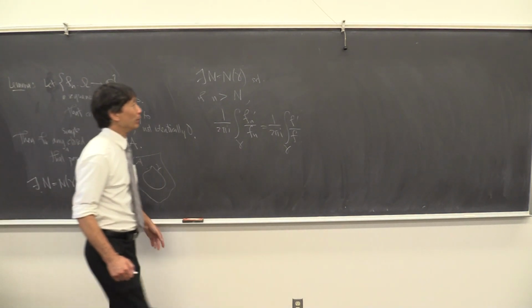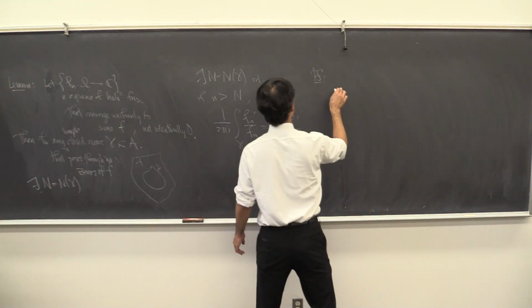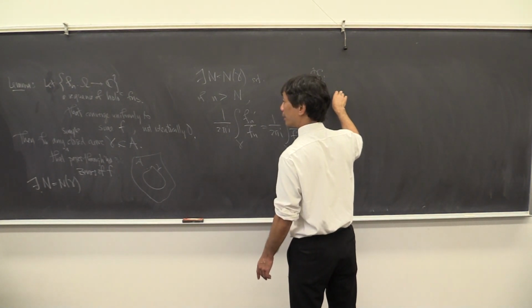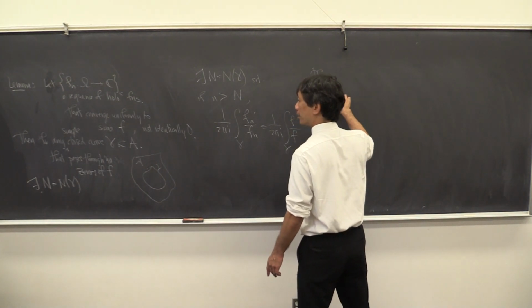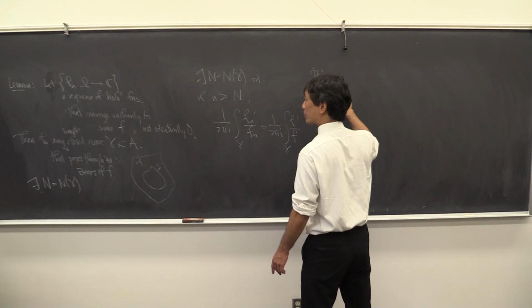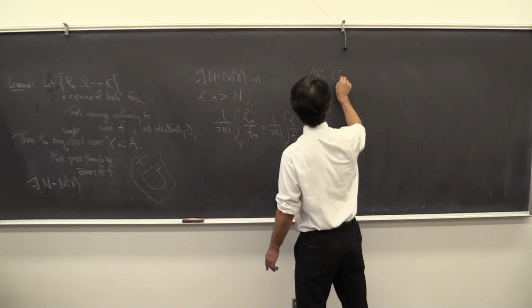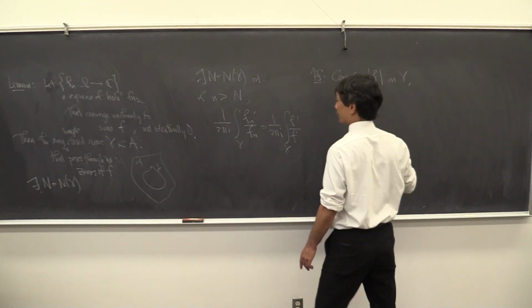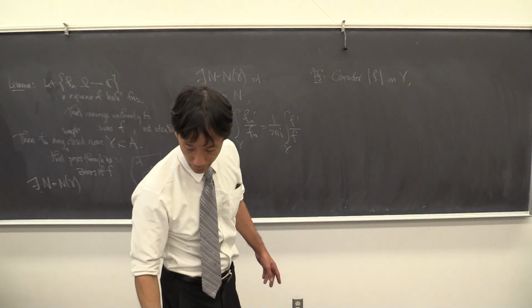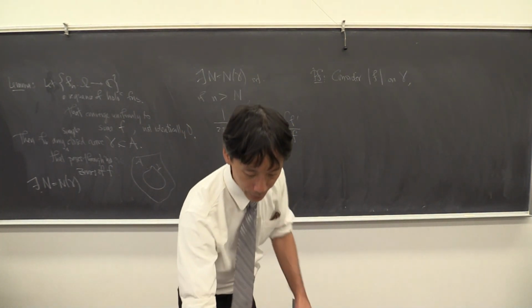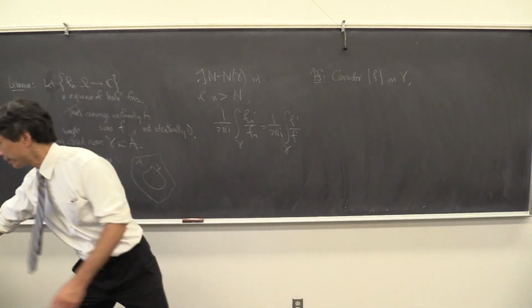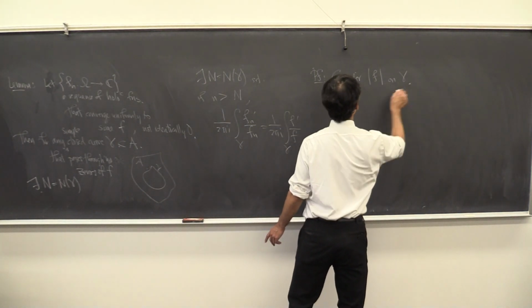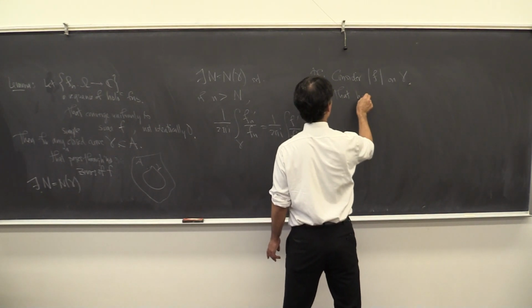And the proof is straightforward. You just say, well, look. If you consider the size of f on gamma, that has some minimum value.